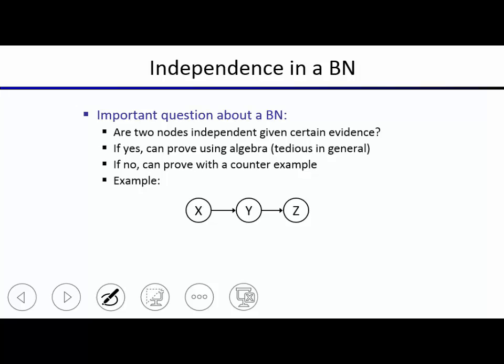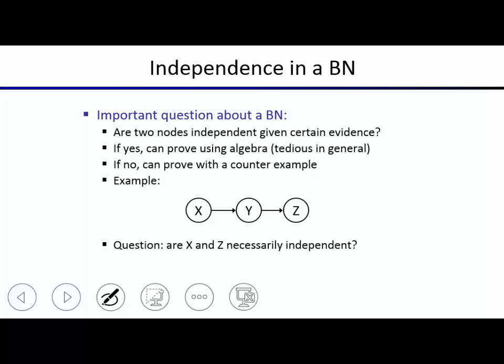So let's look at the example x, y, z. Are x and z necessarily independent? Well, no, they're not. They don't have to be independent if the Bayes net looks like this, because I can define a Bayes net with a very special set of distributions where y is always equal to x and z is always equal to y, and as a consequence z is always equal to x, and then x and z are clearly not independent.